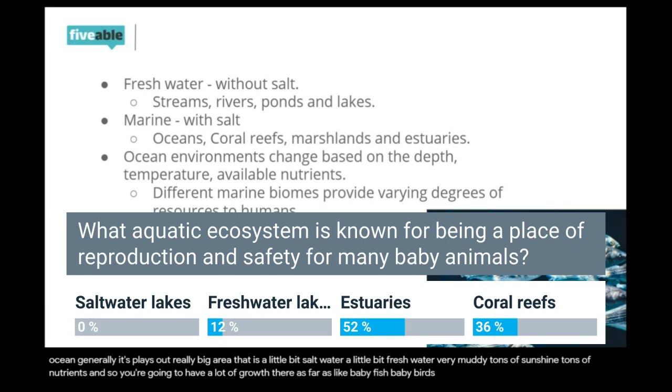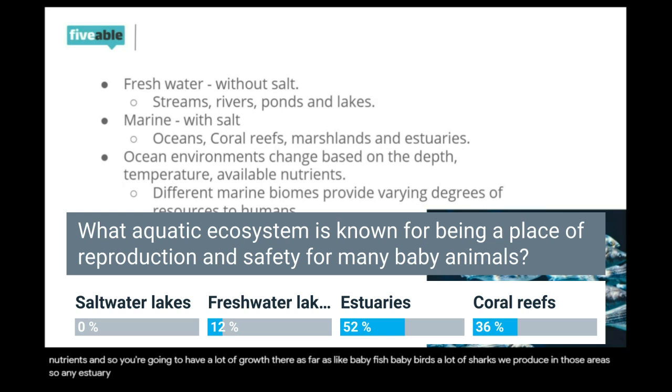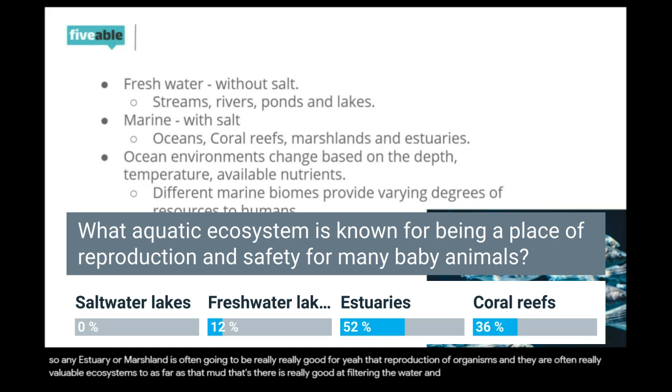A lot of sharks reproduce in those areas. So any estuary or marshland is often really good for the reproduction of organisms. They are also really valuable ecosystems, as the mud there is really good at filtering the water and filtering out toxins.